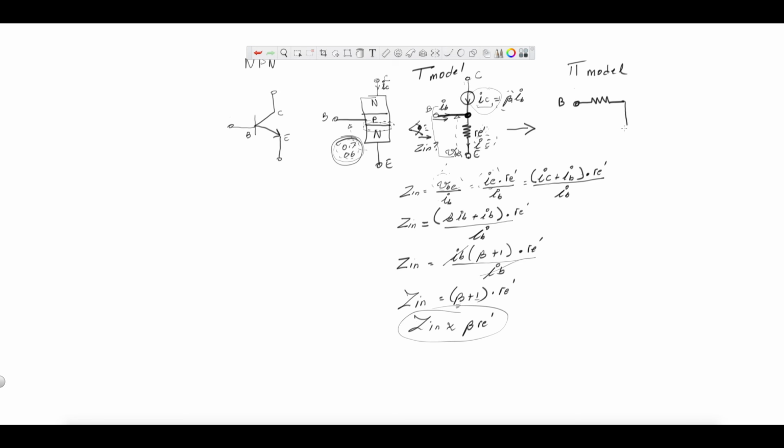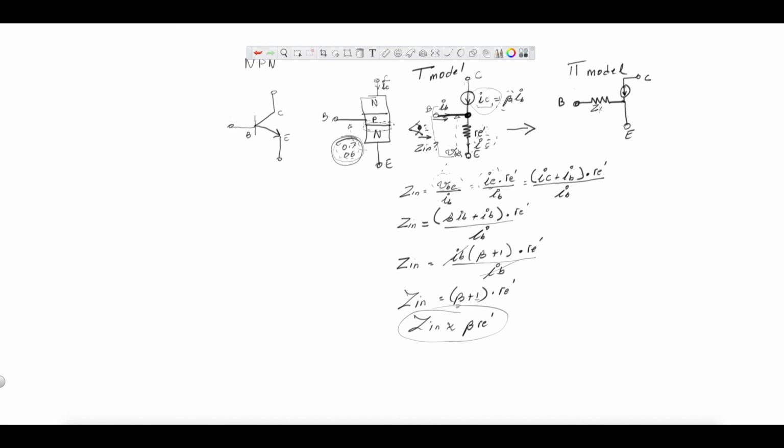Here's what's going to happen. We're going to have the emitter right here, and we still have the current going this way, and here's the collector. Can we draw it in a way that it would look like a pi? Basically I'm reconfiguring as if we're seeing Zn this way.